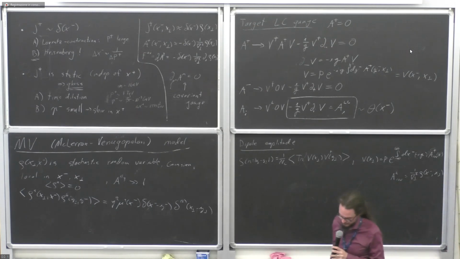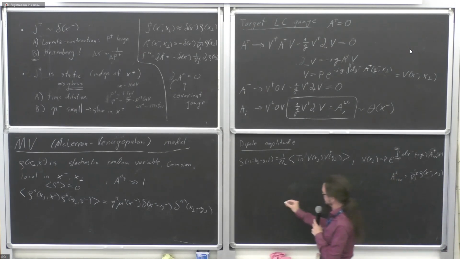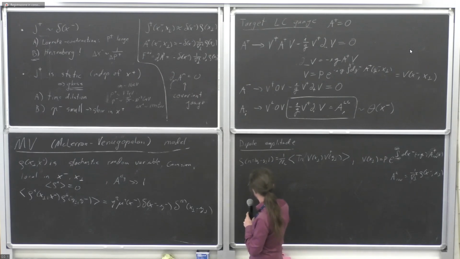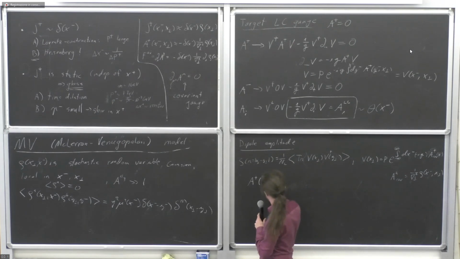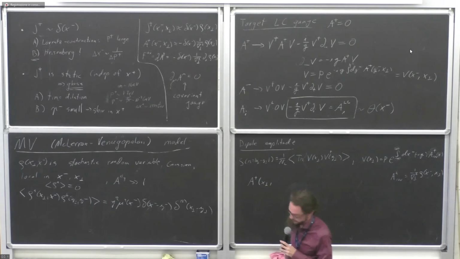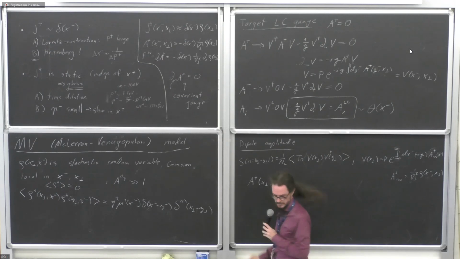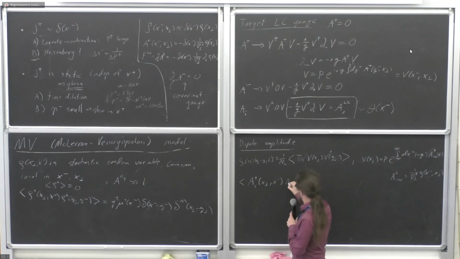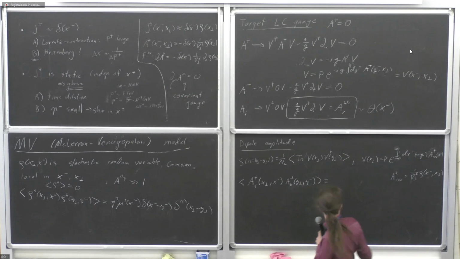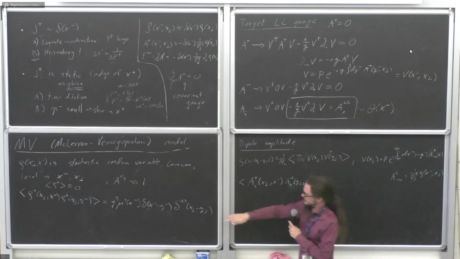Instead, I will define an A plus correlator, so that A plus with color index A at x perp, x minus, and A plus with color index B at y perp, y minus, is going to be, since A plus is linearly proportional to rho and I know the rho correlator, a lot of things carry over.